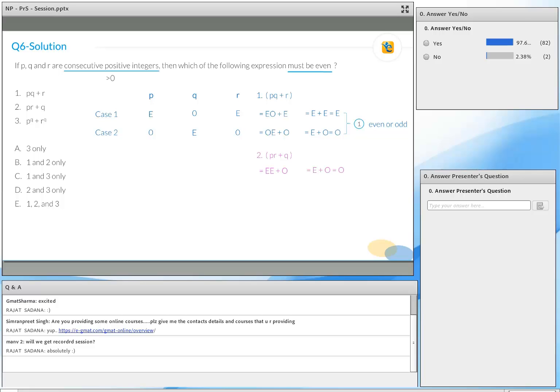For expression number 2, I do similar processing. In both the cases, I get that the expression will be odd. For expression number 3, I do similar processing. In both the cases, I get that the expression must be even, which means that the correct answer over here is choice A, which is what a majority of you selected.